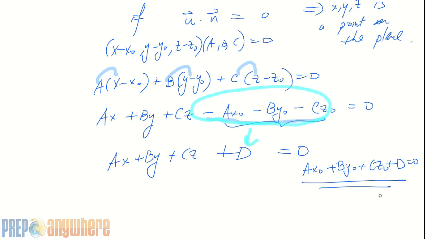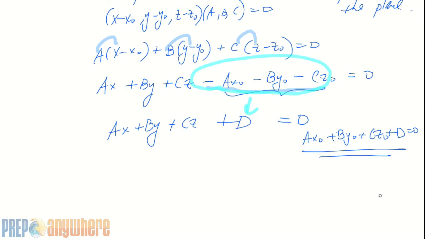Doesn't this look like the equation of a line? The only extra thing that we have here is a z. We're missing z in the line, so compare with ax + by + c = 0.